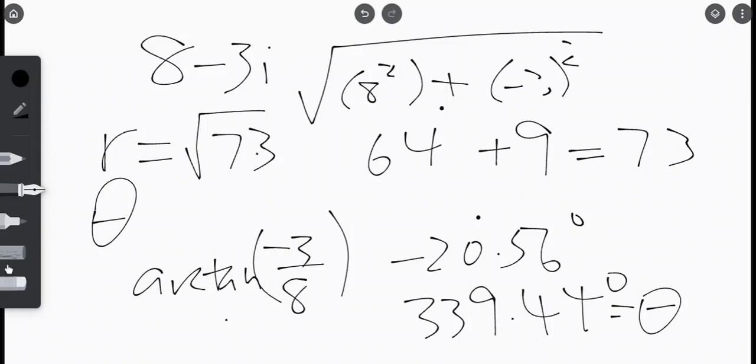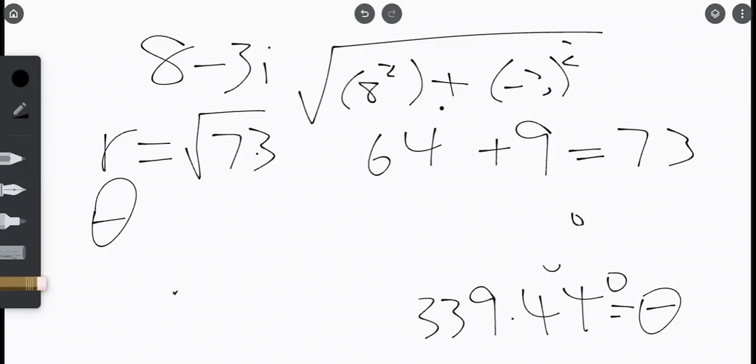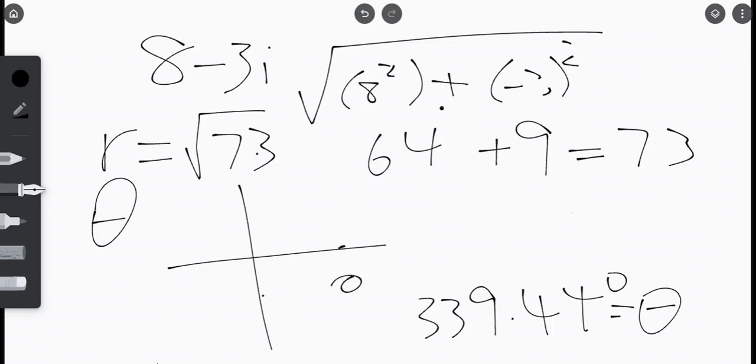Now, does this make sense? Because we know that sometimes there can be two solutions. Let's draw it out. 8 would be somewhere here, negative 3 would be here. So 8 minus 3i should be somewhere on this circle. 339 degrees would get you somewhere here, which is about right. It's in the same quadrant, so 339.44 is good.